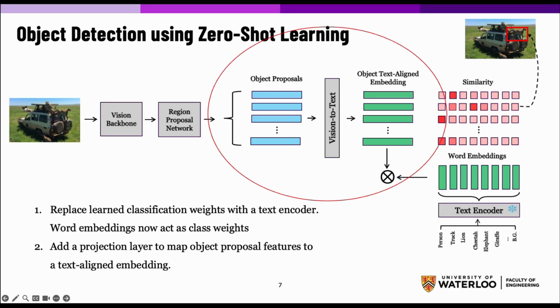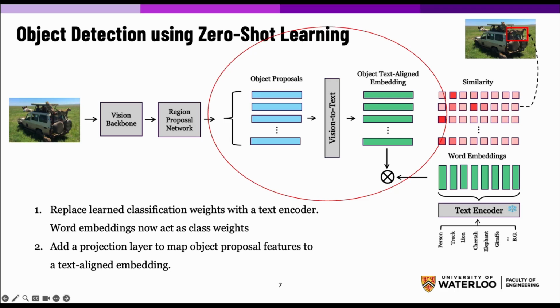And then on top of that, we add a projection layer. What this projection layer does is it maps the object features into what I call the object text aligned embedding feature. So a bit more about this later, but at a high level, what you notice is that if you take the dot product of two similar vectors, the value will be high, which kind of measures the similarity, right?